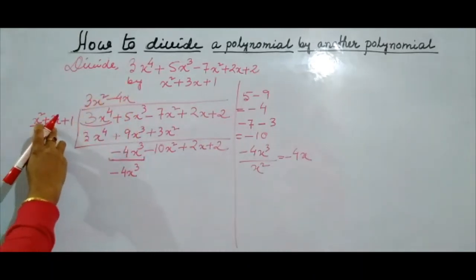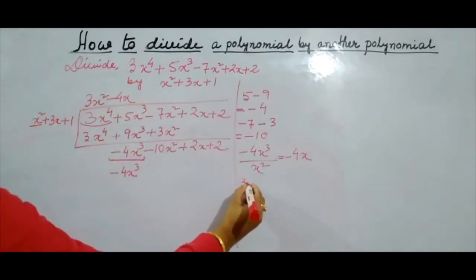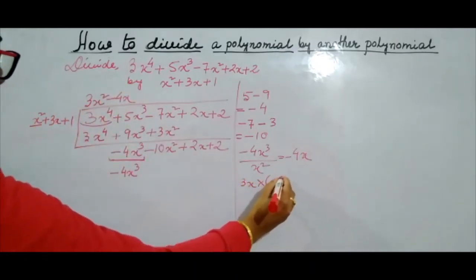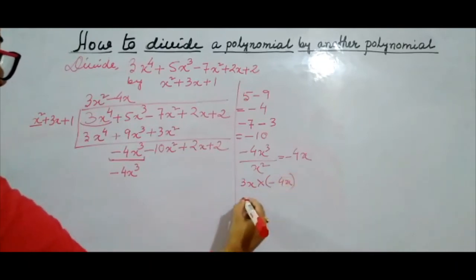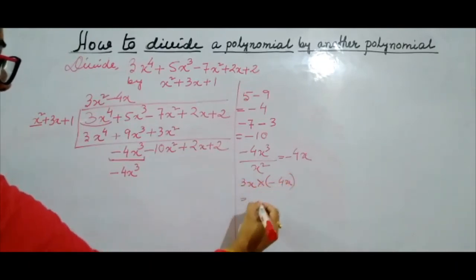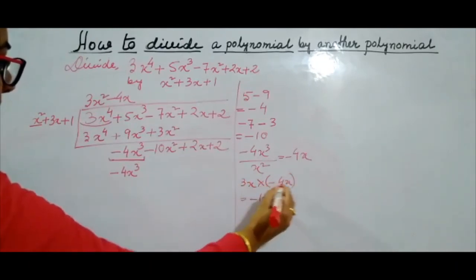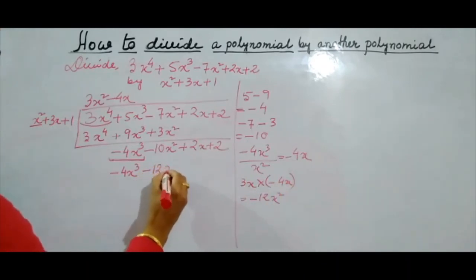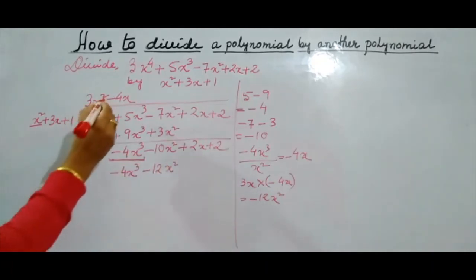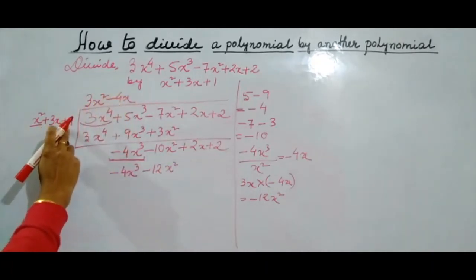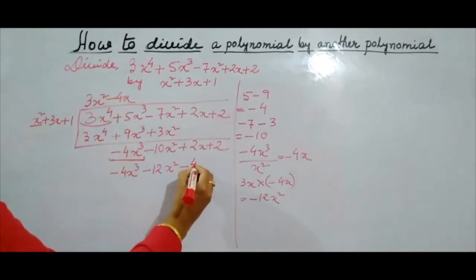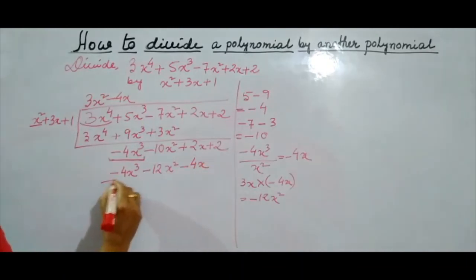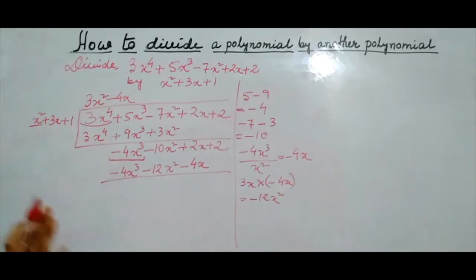So 3x into minus 4x, 4 3s are minus 12, x into x is x square, so minus 12x square. Clear? Now minus 4x into plus 1 will be minus 4x. Very simple. Again, this minus this will be 0.